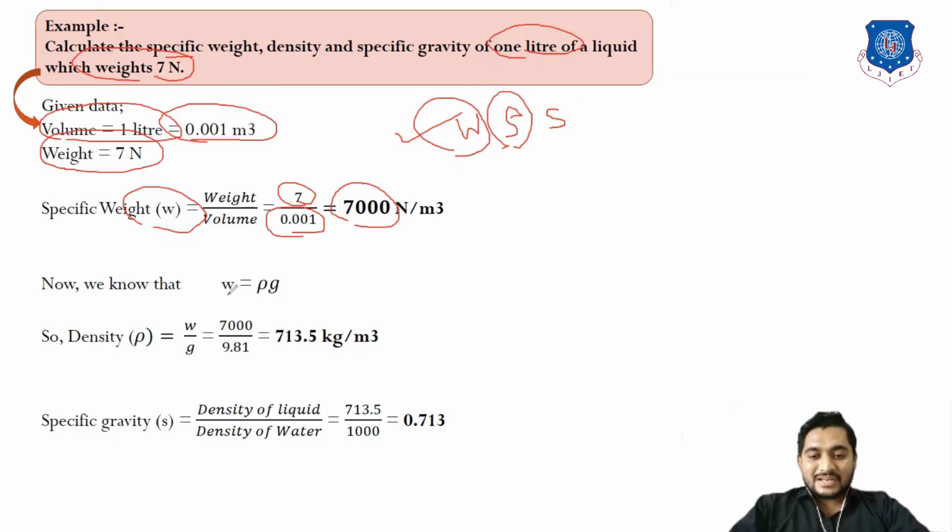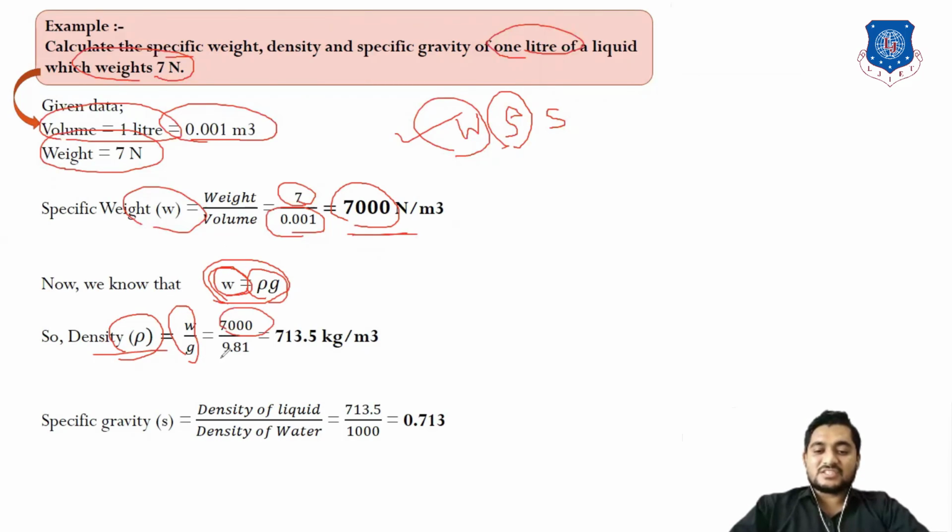So we know that specific weight w is equal to rho into g, so rho is equal to w by g. w is 7000 and g is 9.81. So density is 713.5 kg per meter cube. So the second query is also solved.